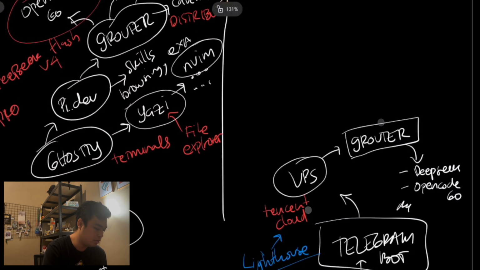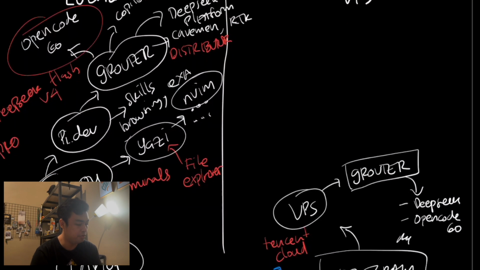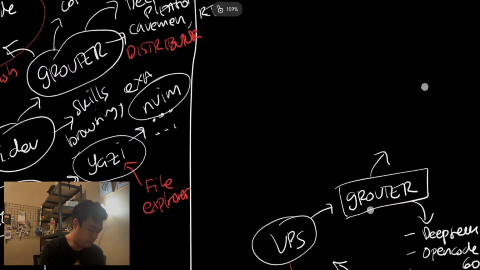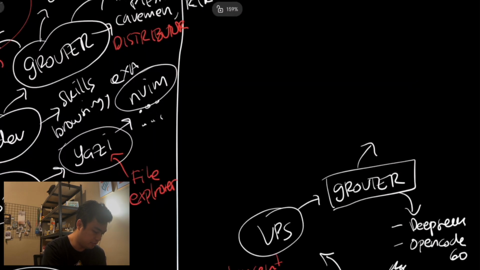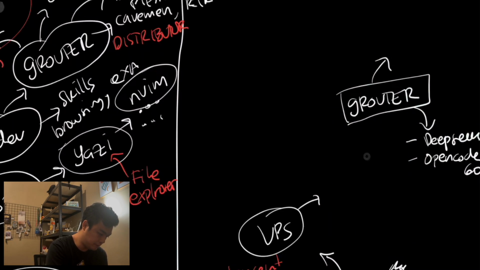I did not log into Copilot on this 9router. And then from 9router it connects to, oh wait, I think I did it wrong. Yep, so it should be like this.